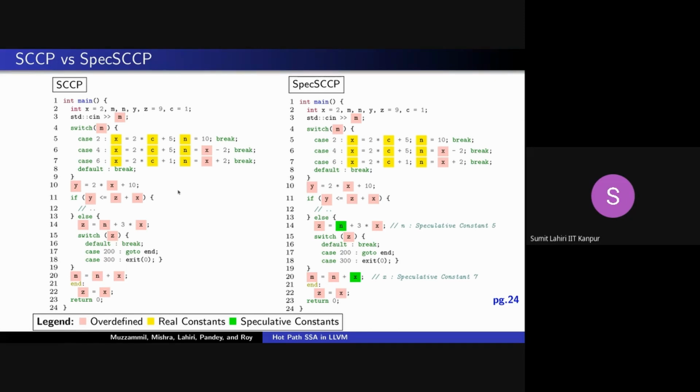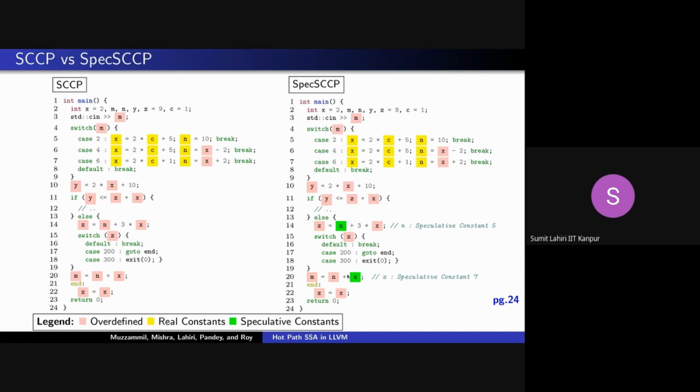Now, in the speculative form, we introduce the notion of speculative constants. As I showed in the very first example, these are constants that are only found in some high frequency paths, or more frequently executed paths. On the right hand side, on line number 14 and 20, we were able to identify that N and X are also speculative constants.